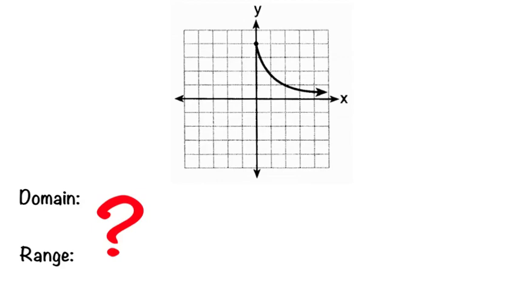Now you try finding the domain and range on your own for this graph. Remember, you're going from the farthest left to the farthest right for domain, and then from the bottom to the top for range. Be sure to hit pause if you need more time.